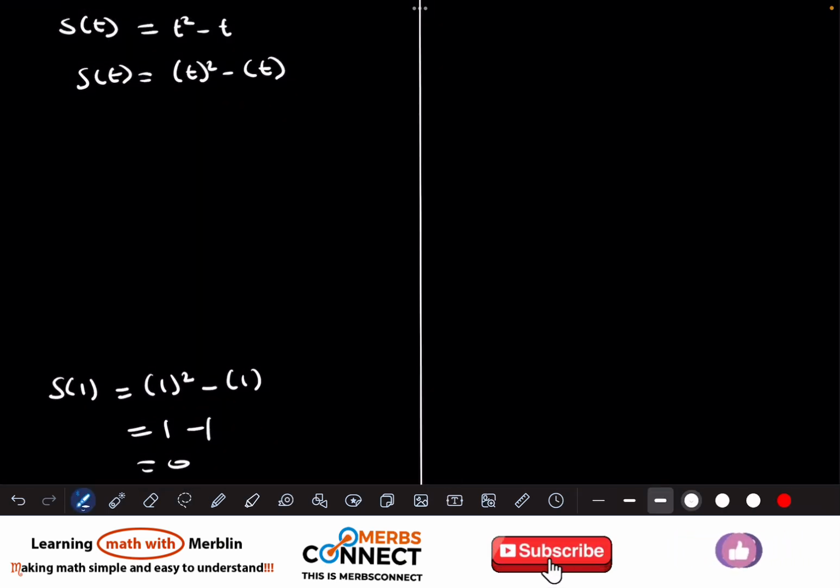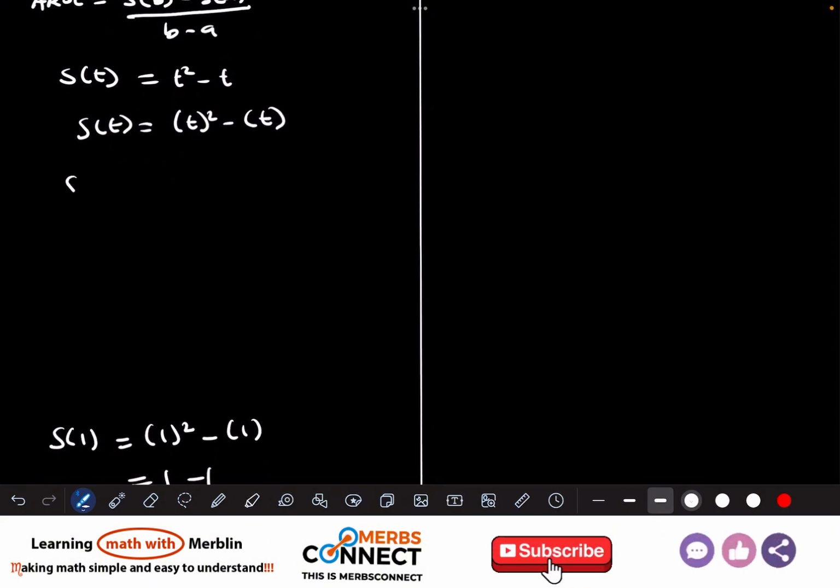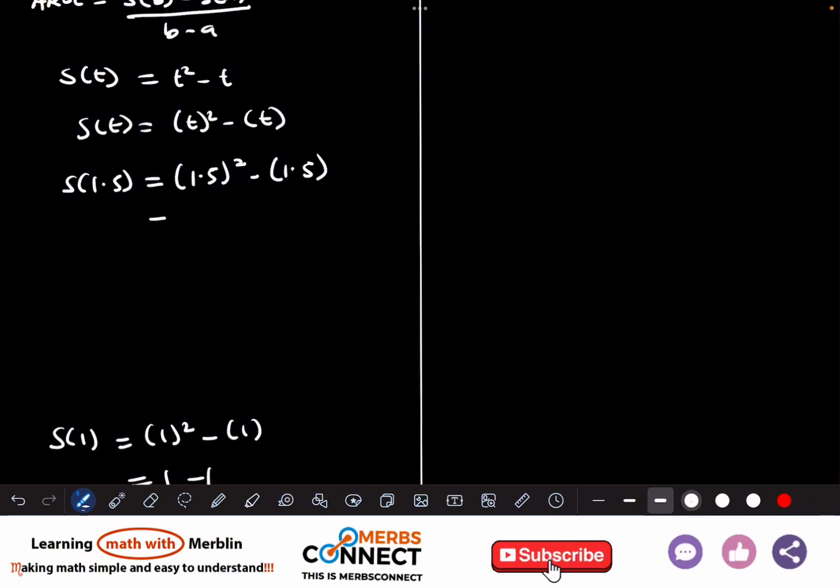And let's look for S of 1.5. So S of 1.5 will be equal to, we are just changing the one in the parentheses to 1.5. 1.5 squared minus 1.5. Good. So when I square 1.5, I'm going to have 2.25. I think I'm right. And then this one will be 1.5.